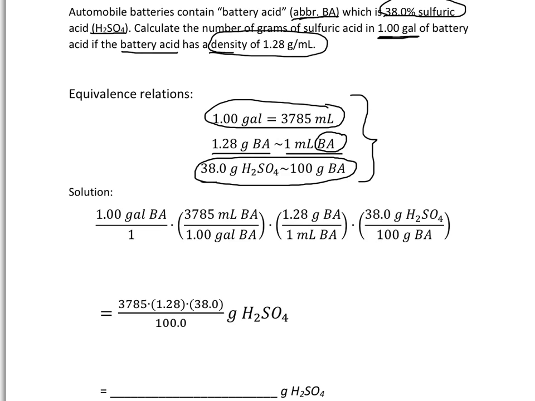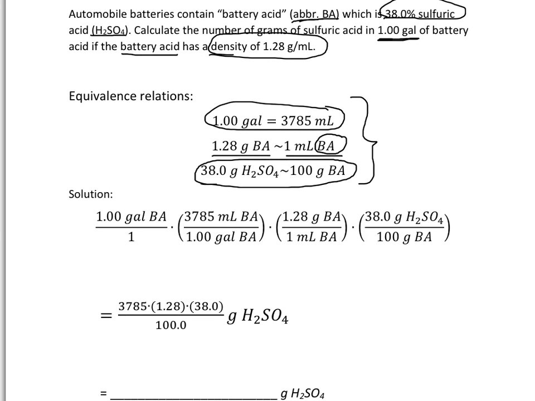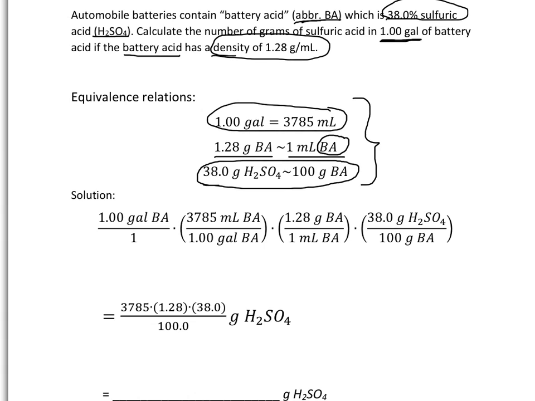So that's illustrated here. 1 gallon of battery acid. My first conversion is gallons of battery acid to milliliters of battery acid. And I can use this.